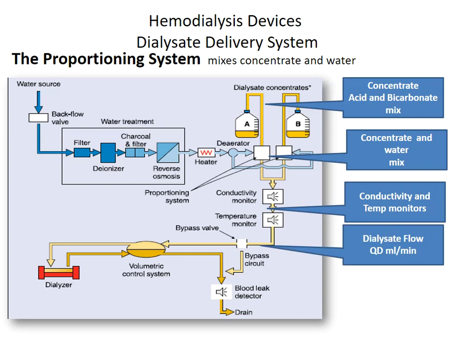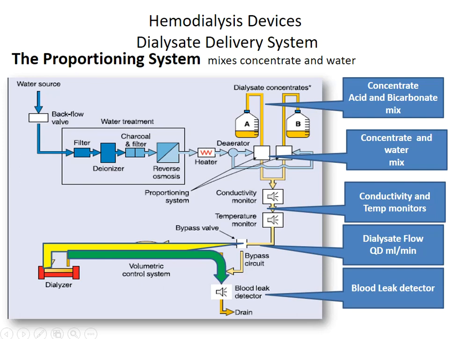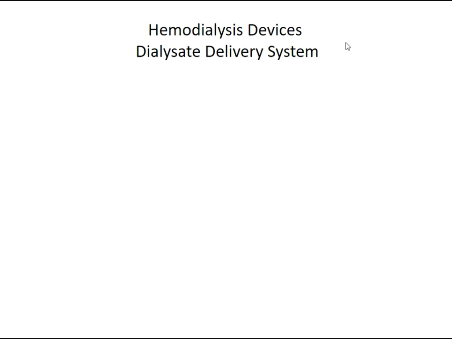Controlling the dialysate flow, then passing the dialysate flow to the dialyzer through a volumetric control system to adjust the desired ultrafiltration rate. When leaving the dialyzer, the dialysate passes through a blood leak detector. The dialysate delivery system.